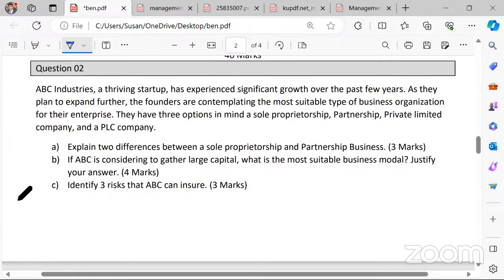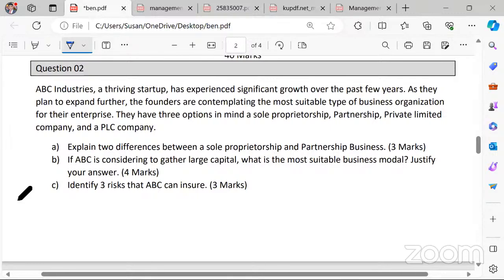They can insure their fleet, trucks. And they can insure their machineries. They can insure their employees. There are many to insure.